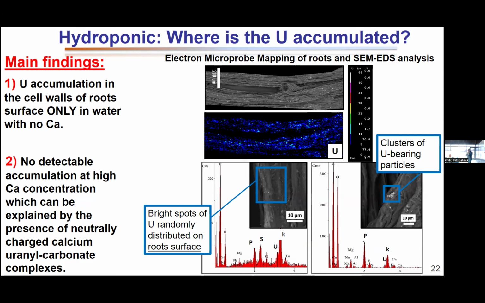So if we assume the charge of the plant is negative, what happens with negative and negative? They repel. So there was not a lot of attraction.